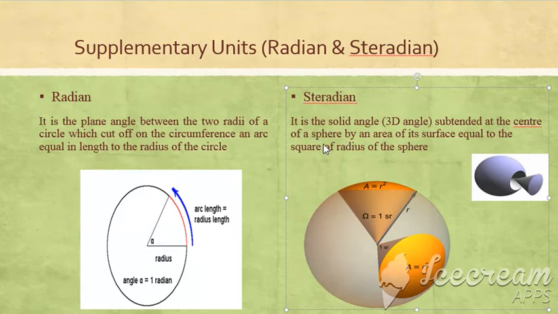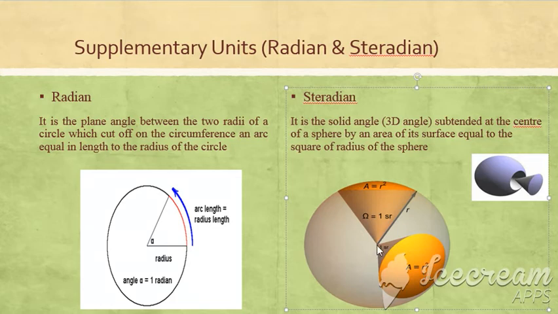So you can see here the area of the surface of the solid angle, which is a 3D angle. This is equal to the square of the radius of the sphere.